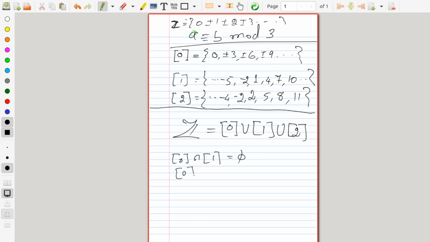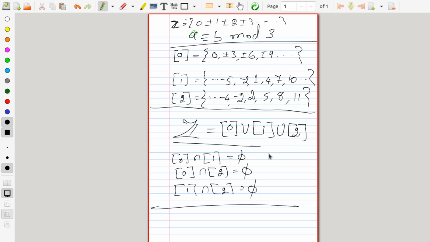The equivalence class of 0 intersection the equivalence class of 2 is the null set, and the equivalence class of 1 intersection the equivalence class of 2 is also the null set. So that is how the set of all equivalence classes forms a partition of the underlying set Z. So any equivalence relation will form a partition of the set.